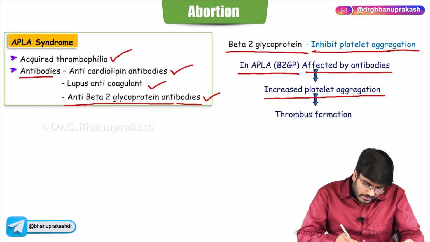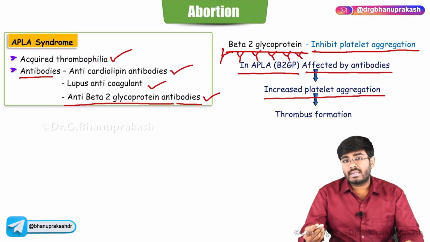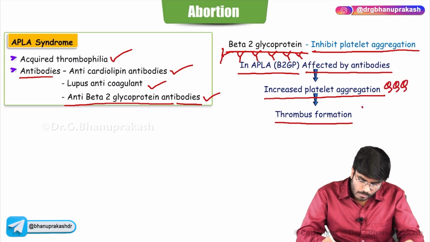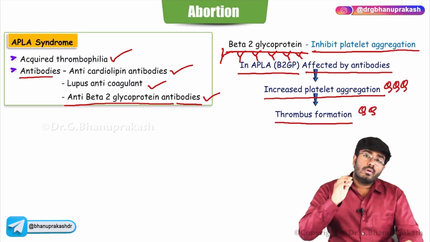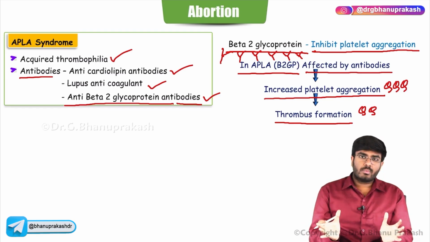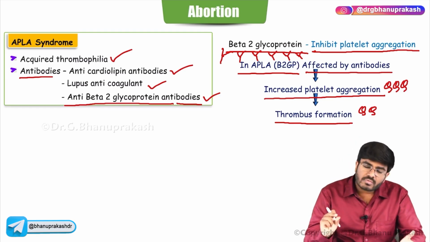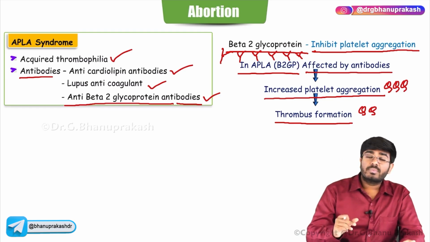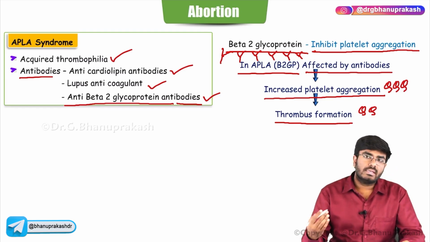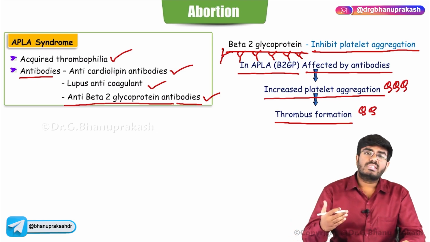So beta-2 glycoprotein is getting attacked by the antibodies, and it's not functional, so automatically platelet aggregation will happen, and that will cause thrombus formation. We are mainly concerned about obstetrics, so thrombus formation in the placenta will cause placental insufficiency that causes death of the baby, that causes abortions.